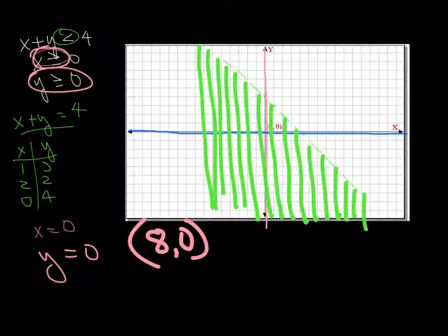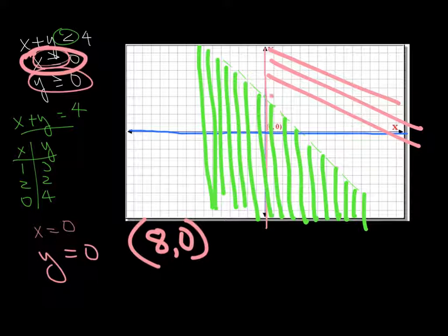And let's plug that in here. Is 8 bigger than 0? If I put 8 in here for x, is that a number bigger than 0? Yes, it is. So that means everything over here is going to be shaded.